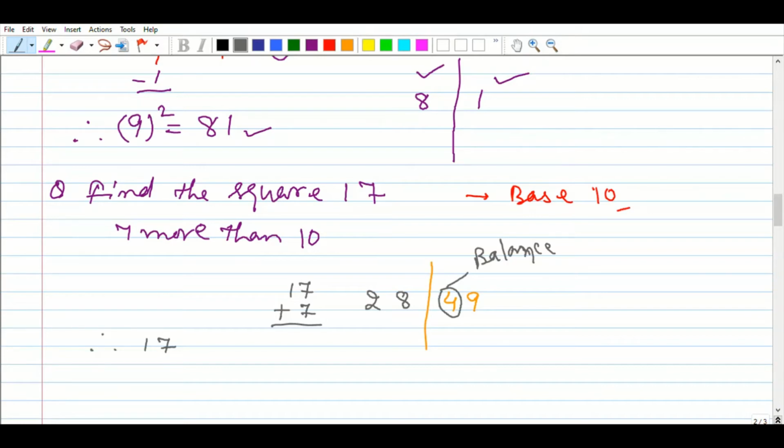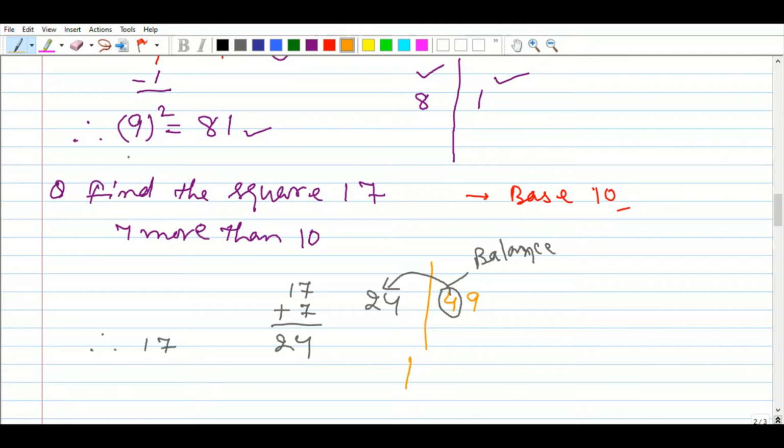So, what should we write here? Sir, 17 and 7, we get 24. So, we write 24 and place the 4 here. What do we get again?